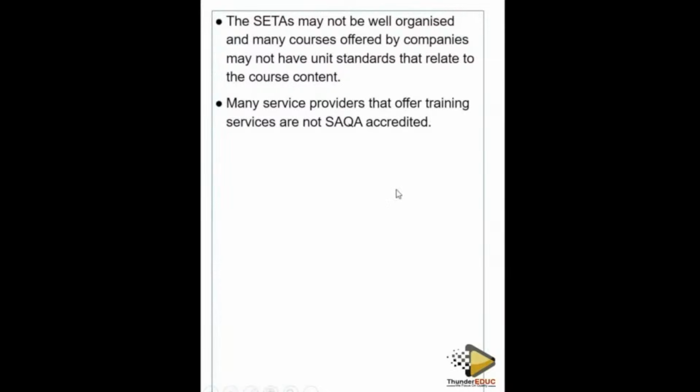It's like a fly-by-night. So if SETA involves bodies that are not legit, it will have a negative impact on the operation of the business. How are we saying the negative impact? Because remember, for a business to qualify to take part in this Skills Development Act, they pay 1% of their what? Of their profit. So that 1% of the profits will just be wasted.